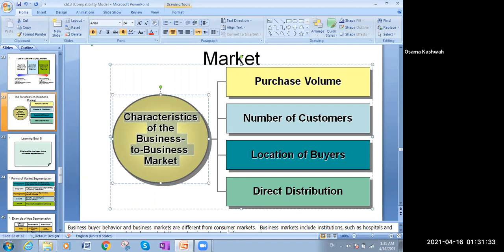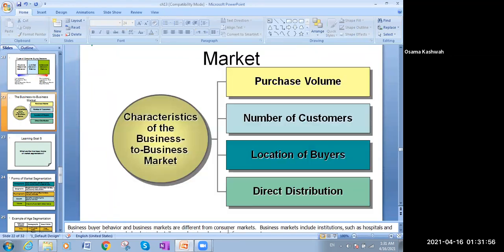Locations of buyers, where should the buyer's focus be? And direct distribution. Direct distribution means from the seller directly to the buyer. But indirect distribution means from the seller to the wholesaler, to the retailer, and then to the buyer. We call it indirect distribution. But here, the situation is direct distribution.